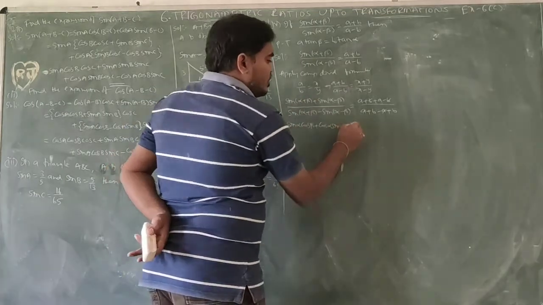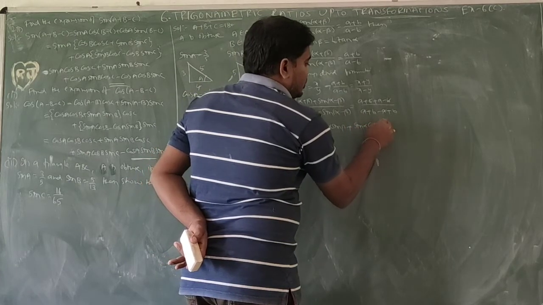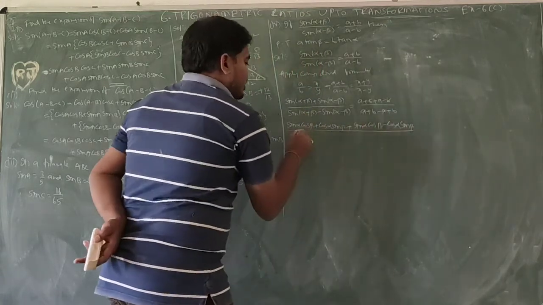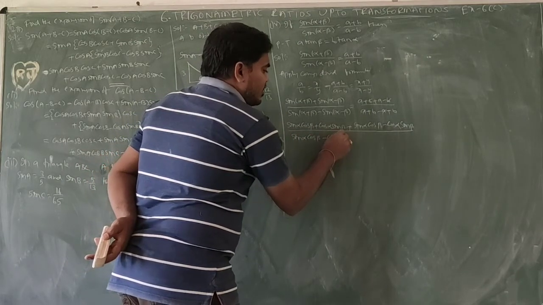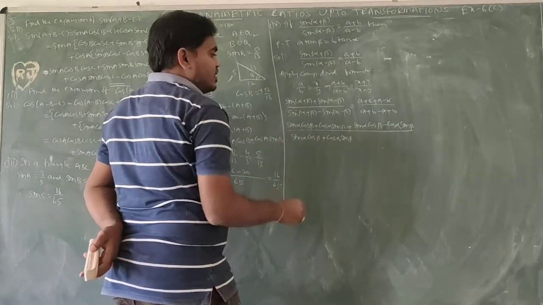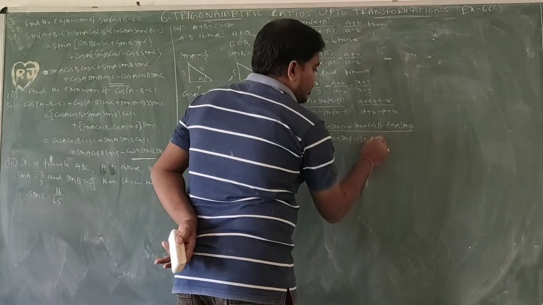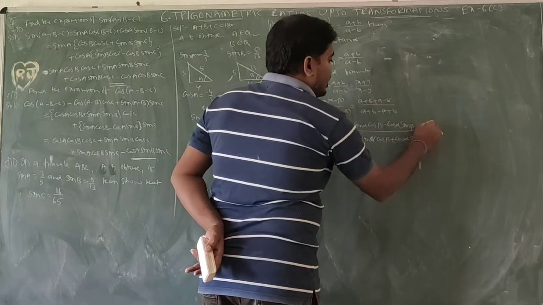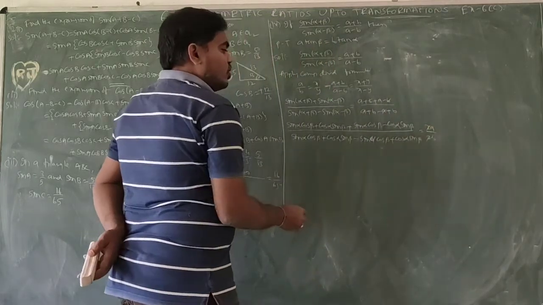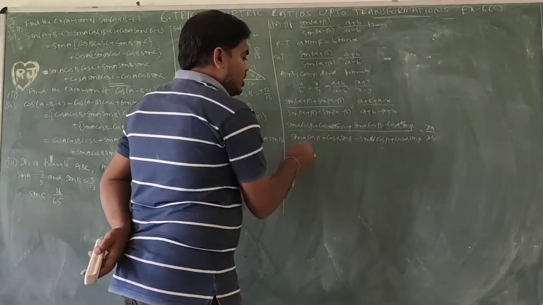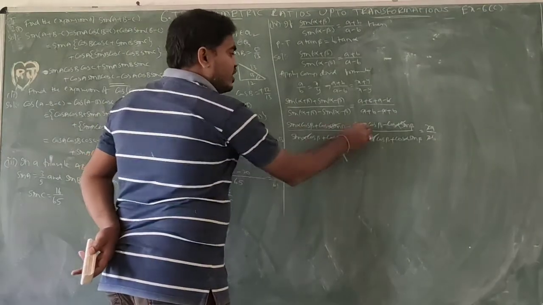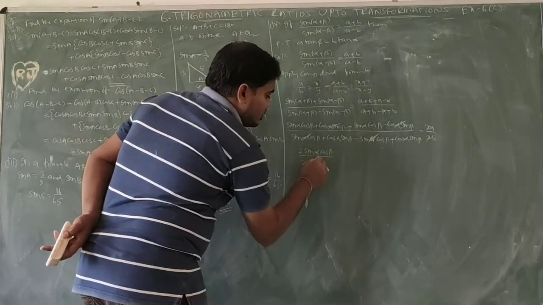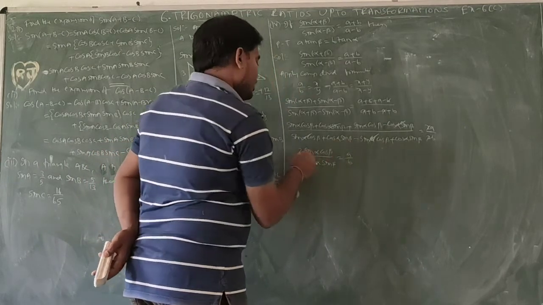So the cos alpha sin beta terms and the sin alpha cos beta terms cancel. This gives 2 sin alpha cos beta by 2 cos alpha sin beta equals A by B, and the 2's cancel.